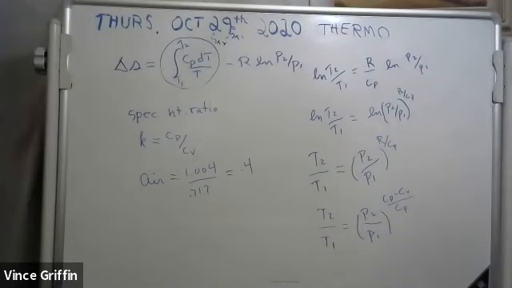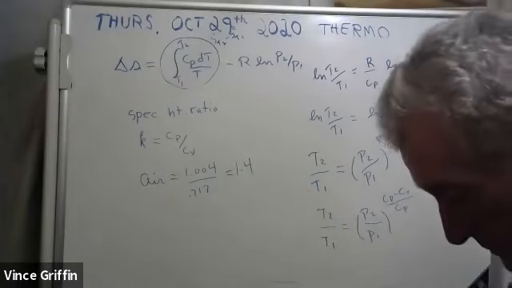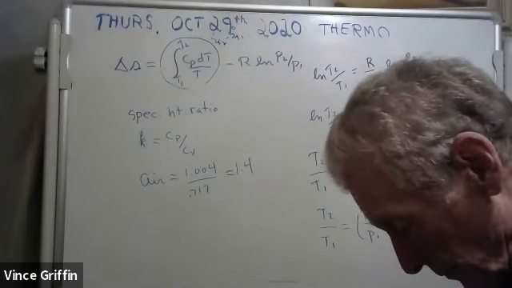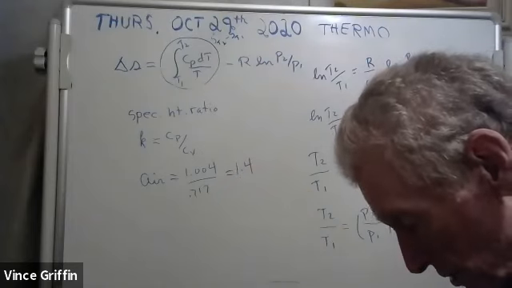and wait a minute, I did something wrong here. Let me do that again. 1.004 over 0.717. No, this is wrong. It's 1.4. Now, if you look in the back here, they have the tables of these specific heat ratios.